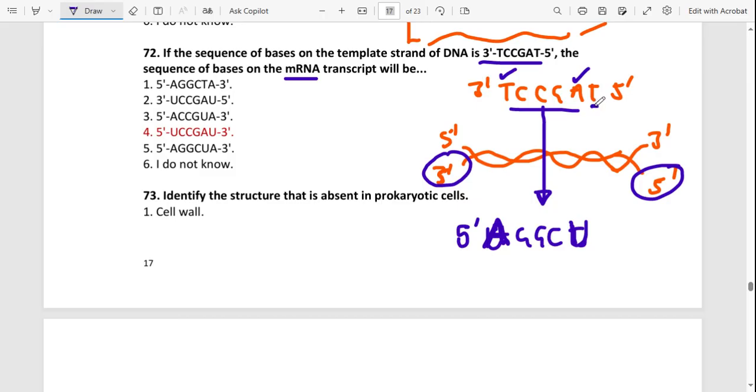And then again, T pairs up with adenine, and then you are going to have 3 prime end. So this is supposed to be the answer. 5 prime end A, G, G, C, and then you're supposed to have U A. The sequence of bases on the mRNA. So which one is that?